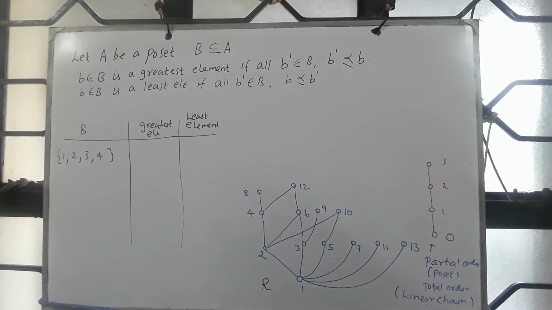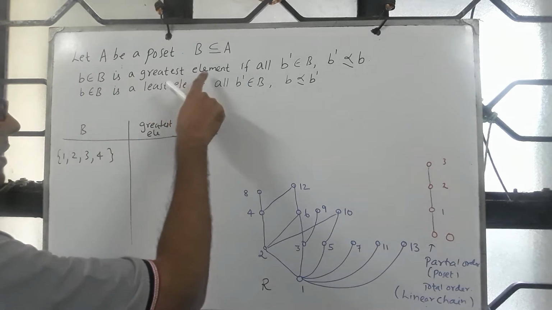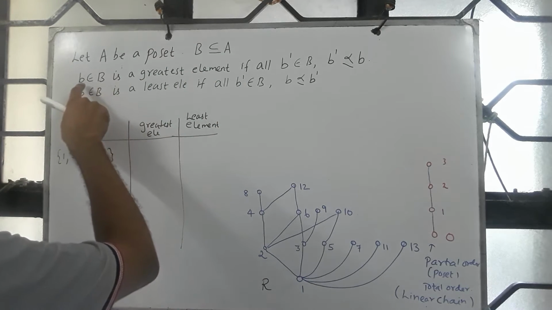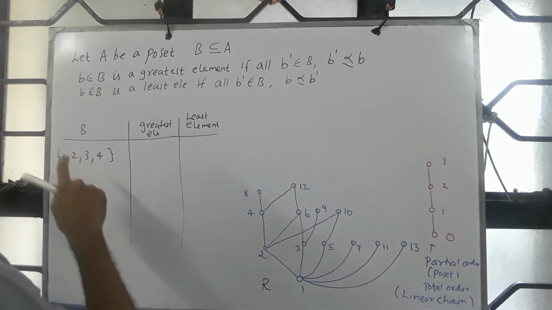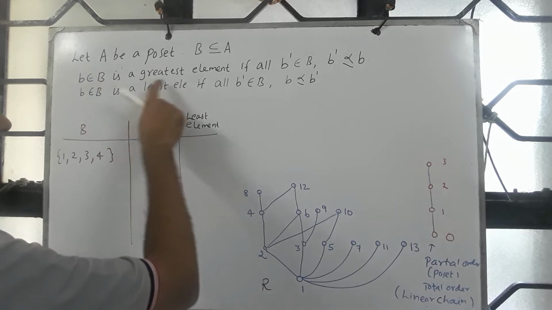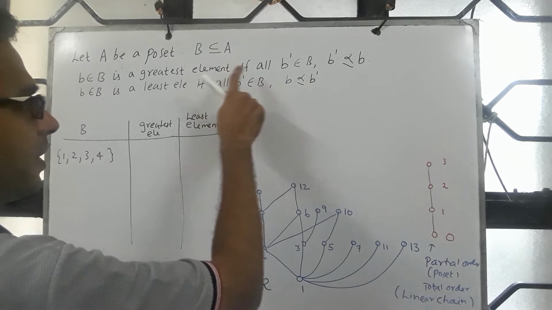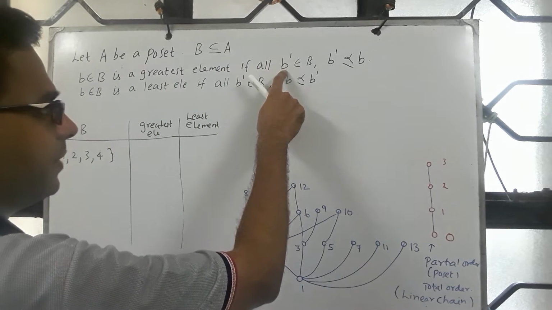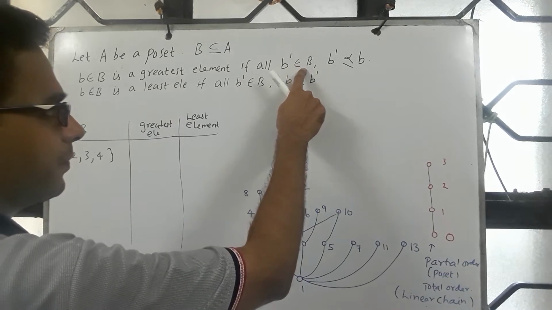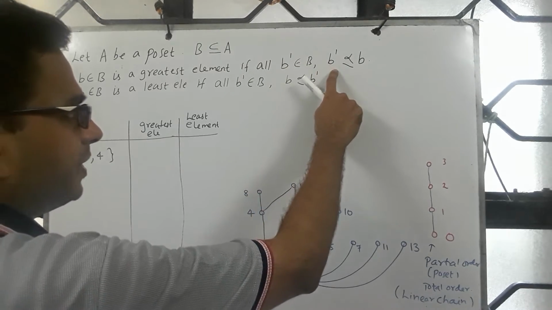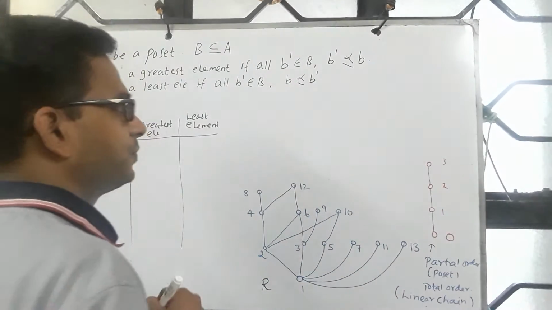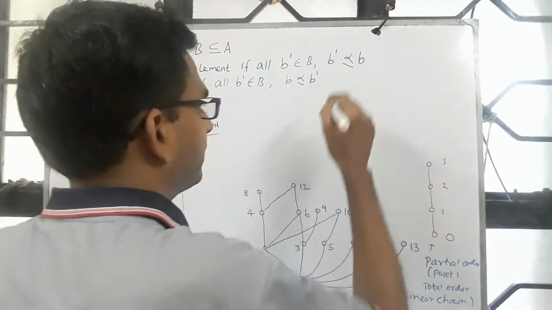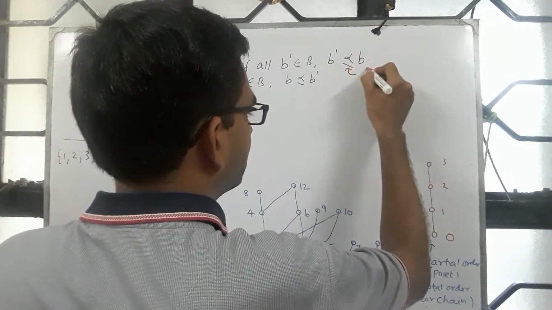So this says b is the greatest element. Please note, the greatest element is also from the subset that we have taken. It is a greatest element if for all b prime belonging to B, b prime is related to b. So this one, don't see it as less than or equal to, this represents some relation.